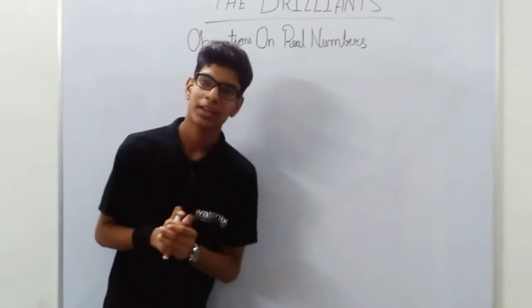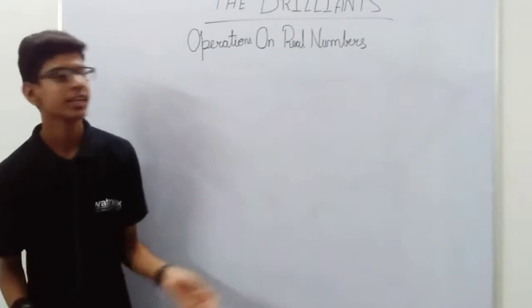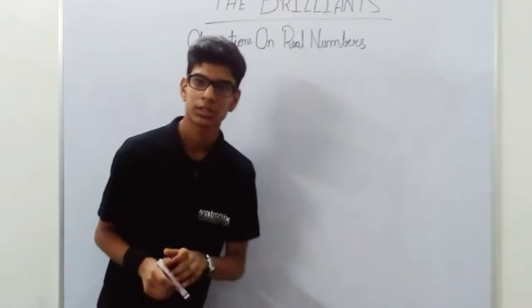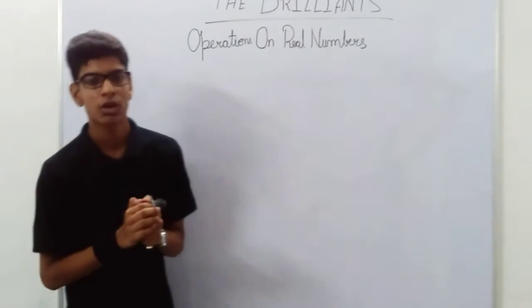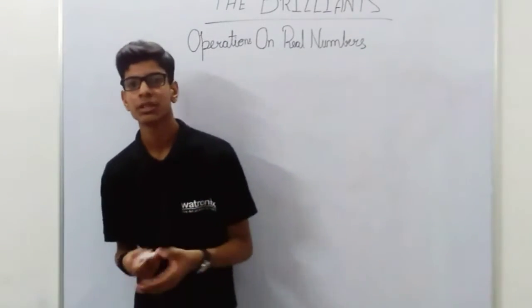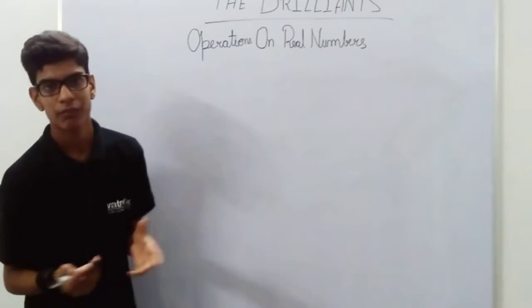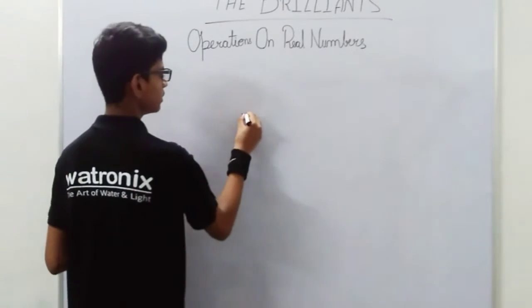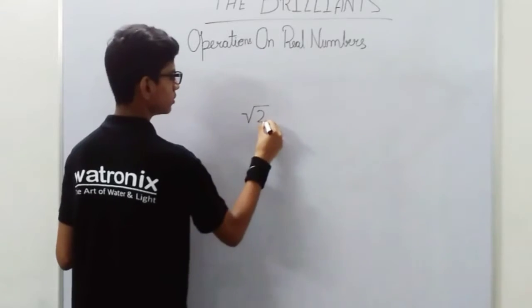Hello friends, welcome back. Today we are going to study operation on real numbers. So first of all, I am going to tell you something interesting, and for that let's take an example, under root 2.